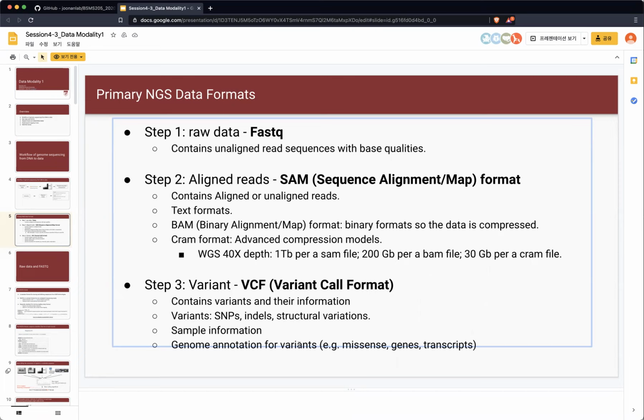There is some demand for this field, and because of this, some courses are running on biological data science or genomics online, even from the Korean government.